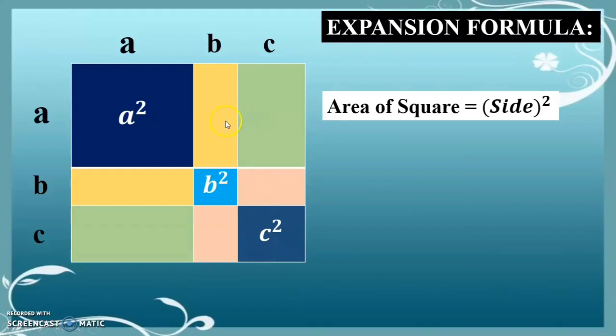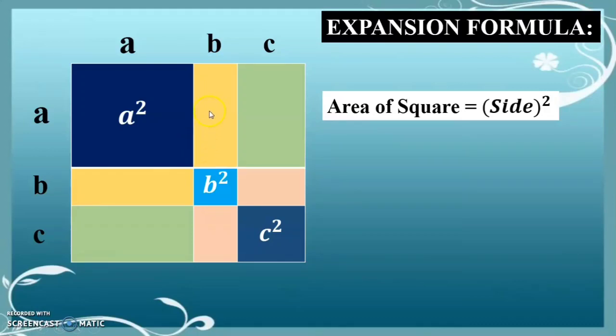Now we have 6 rectangles, 1, 2, 3, 4, 5 and 6, right? But these 6 rectangles we can divide into two parts.